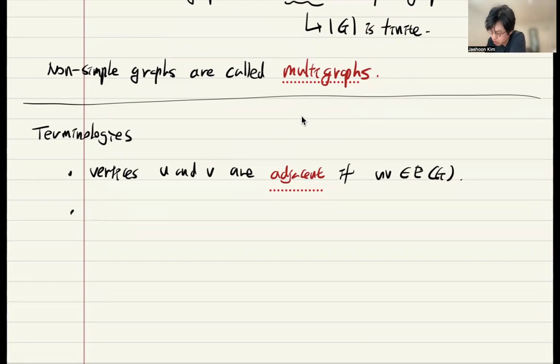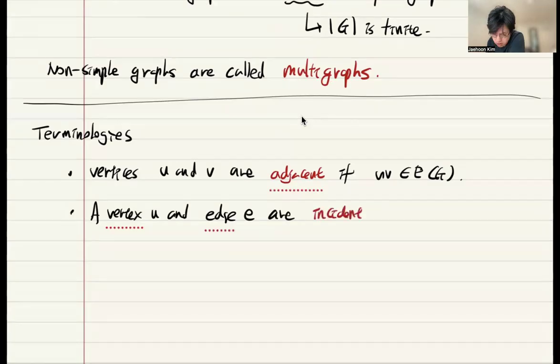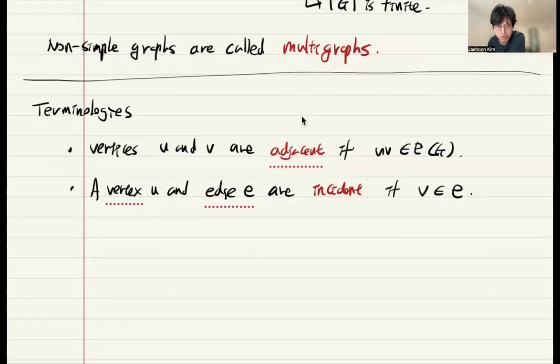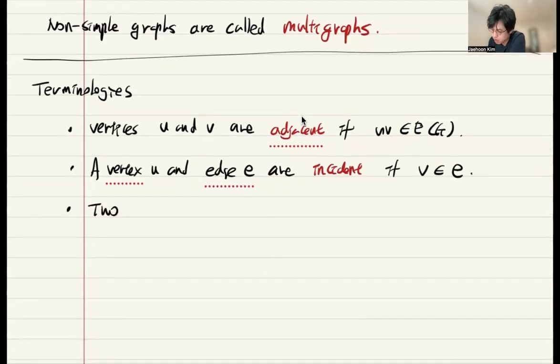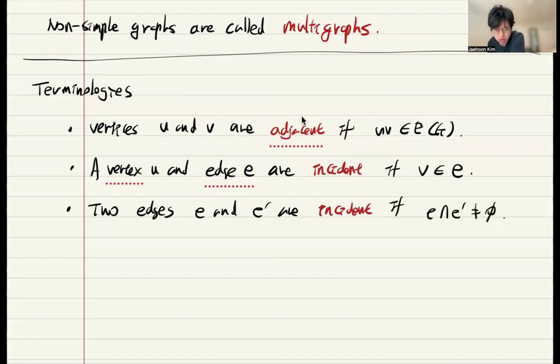And we say a vertex U and an edge E are incident if E contains U. And we say two edges E and E prime are again incident if they share a vertex.